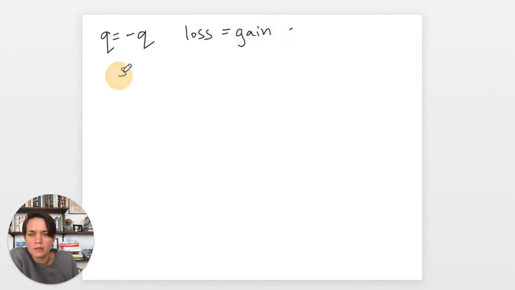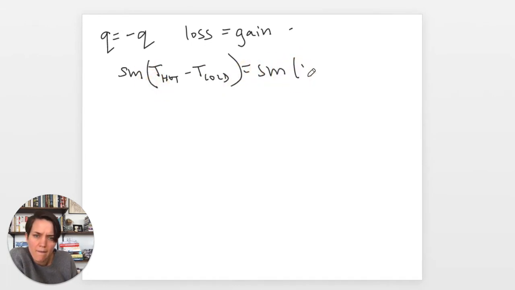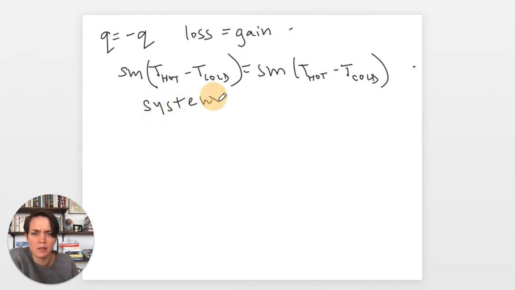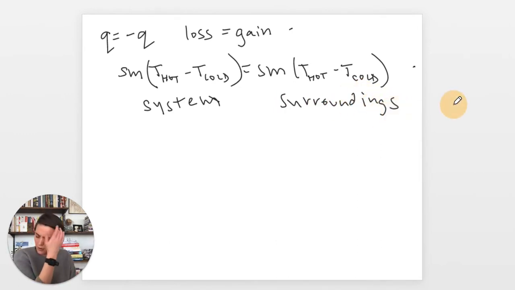And that boiled down to a really simple formula that I like, that takes away all of the negatives and allows you to just kind of more directly answer these questions. So where this would be, let's say, our system, and this would be the surroundings. Really, really important equation there.